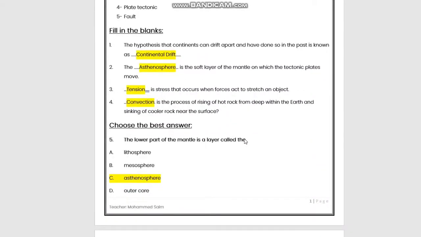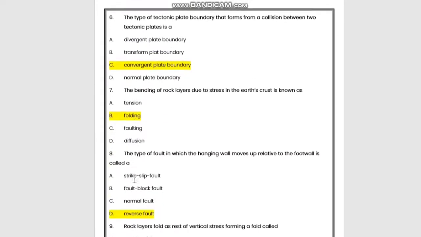The third type of question is choose the best answer, multiple choices, and be careful, this is very important for the exam. The lower part of the mantle is the layer called, which part is the lower part of the mantle? Of course, asthenosphere. Next question.